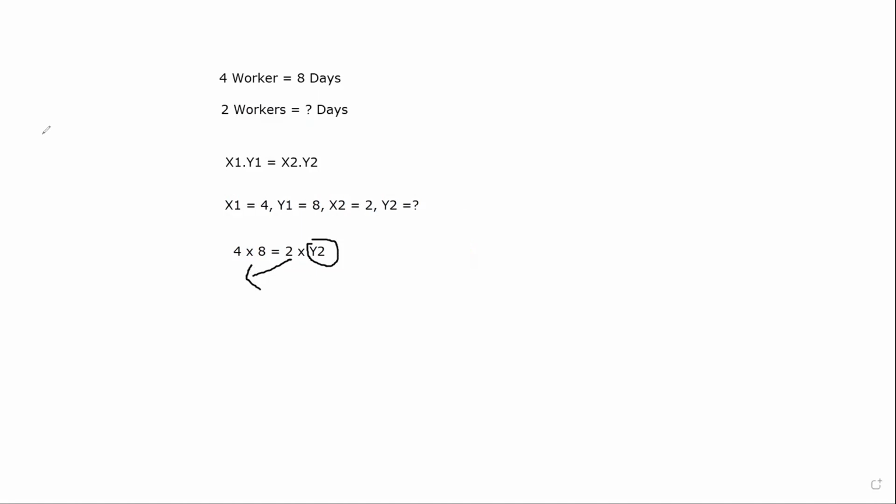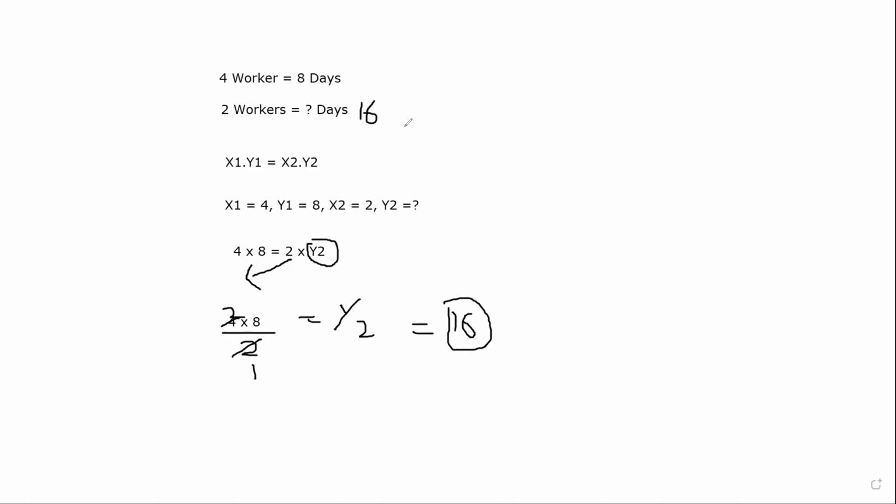We can write it as 4 into 8, divided by 2, and the answer is y2. 2 into 8 is 16. So as you can see, as the number of workers decreases from 4 to 2, the number of days goes up to 16. This is the inverse relationship.